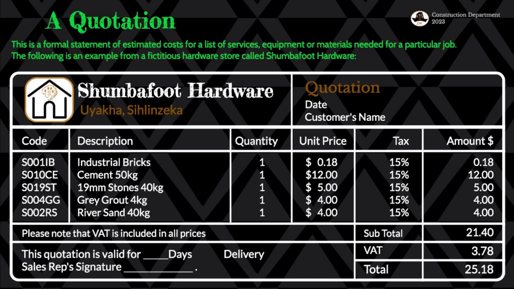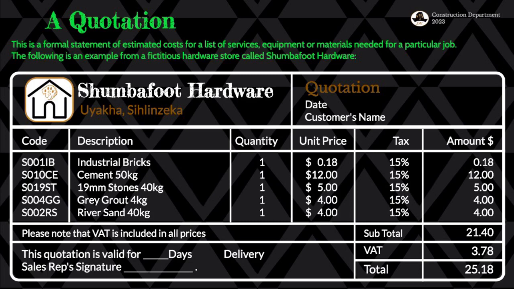And then we have the subtotal, which is the total from the amount column. Because we said the tax is already added to those amounts, we'll get what we call the total. That's the actual total. Then the subtotal is the difference between the total and the VAT in the tax.